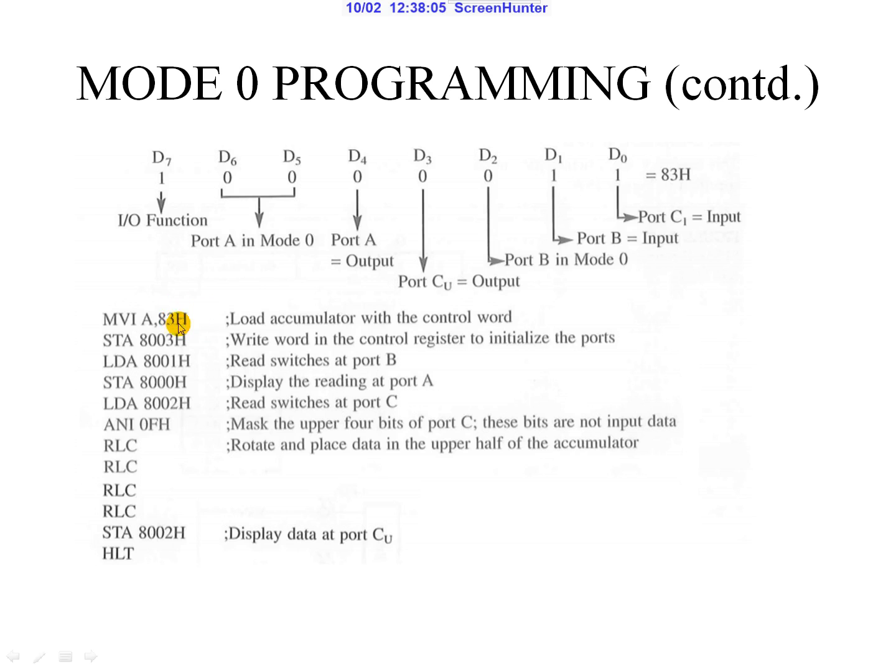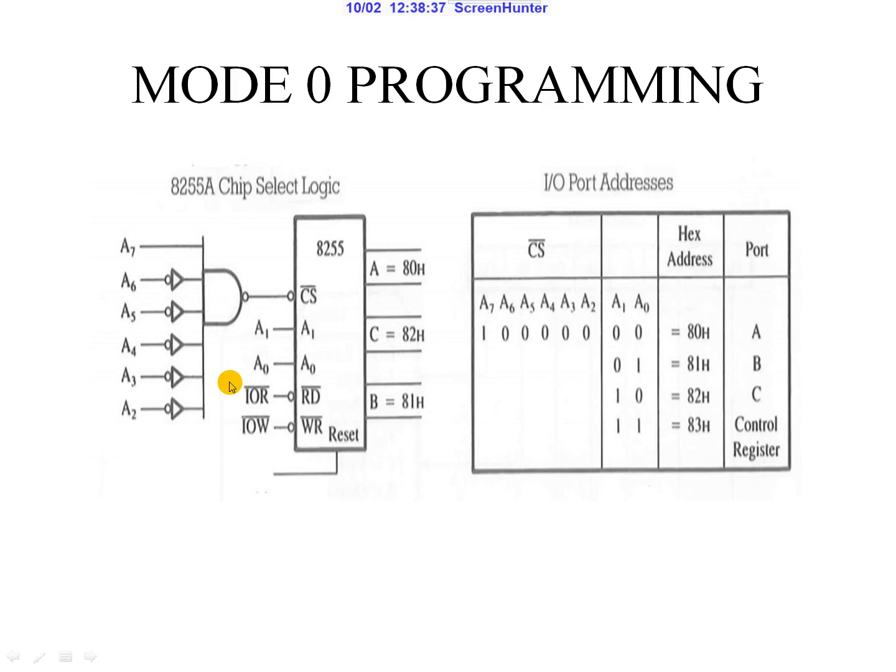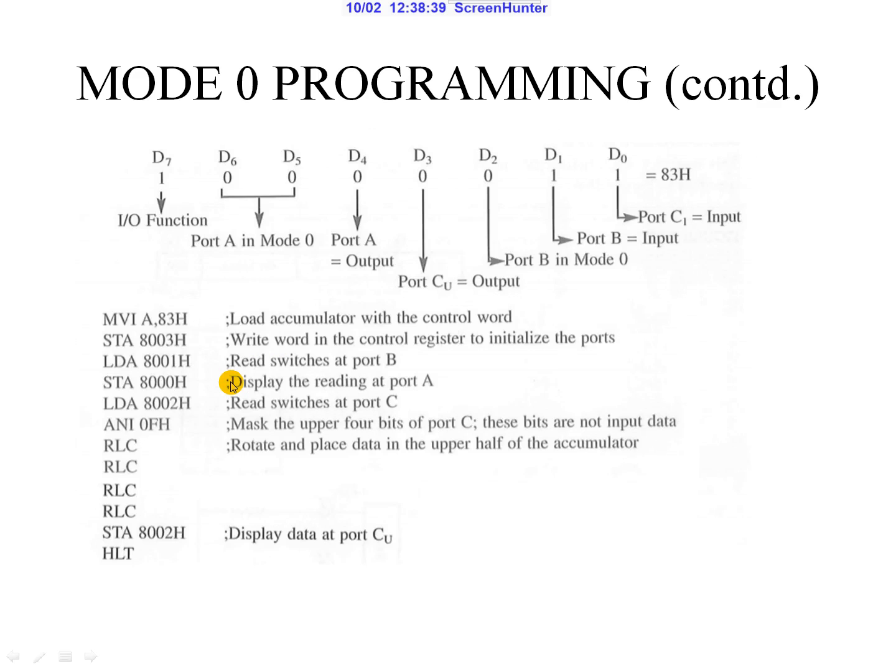So here we are going to load this 83 hexadecimal value into the accumulator. Since this control logic is used for accessing the control word, we need to give this value. The next thing is to store the accumulator at the 8003 address.